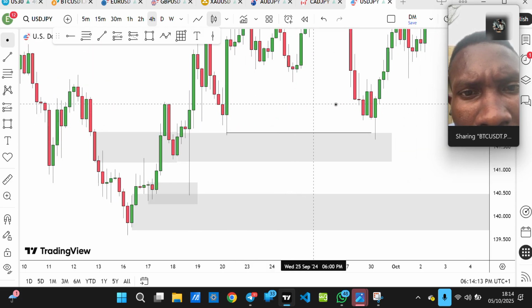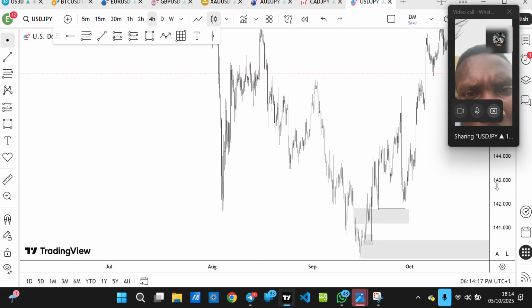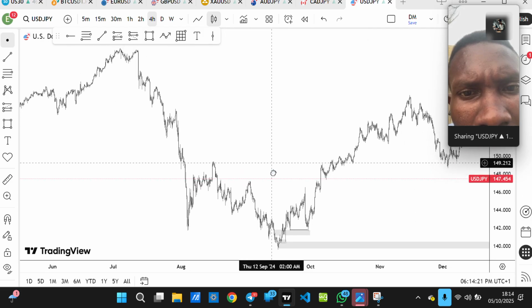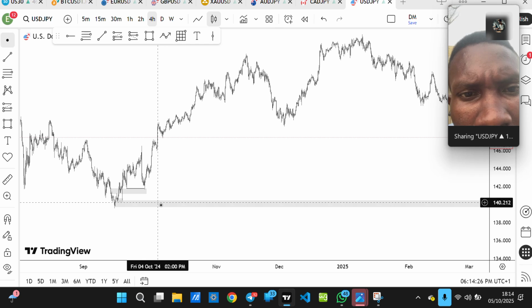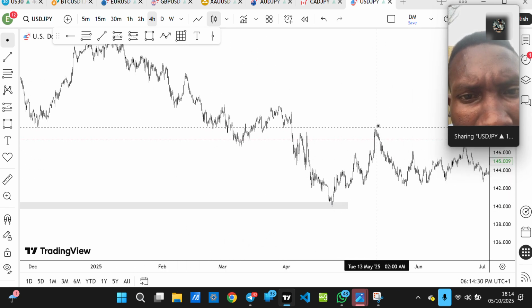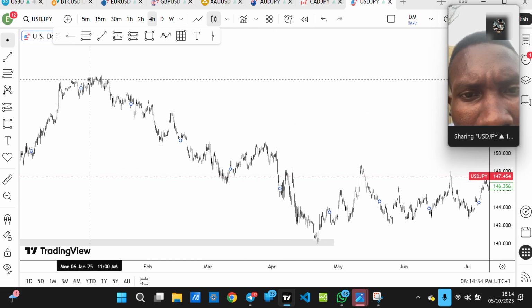Now when price failed to break structure on the general narrative, it had to come down and take demand here to be able to move up from there. So we see that this is now going to be the next area of liquidity for price.